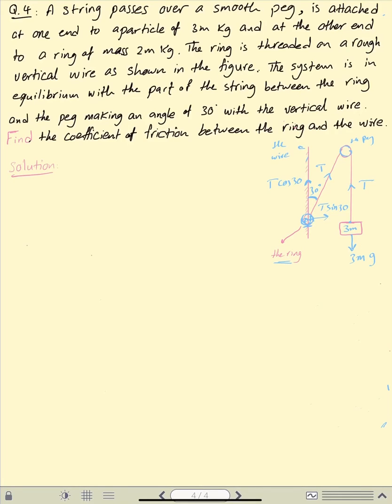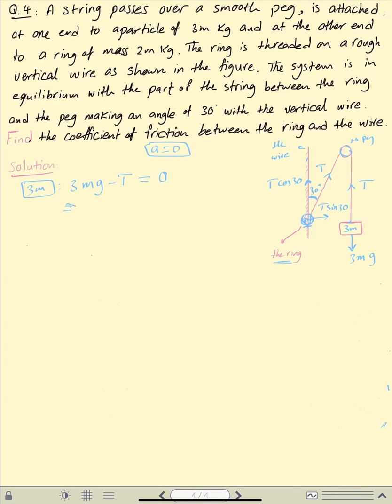First step, we do the particle 3m. We are resolving the forces on the particle 3m. Since it's the heavier one, it hangs freely like the diagram shows, so 3mg is the main force, minus T is equal to 0. Is 0, dear students.